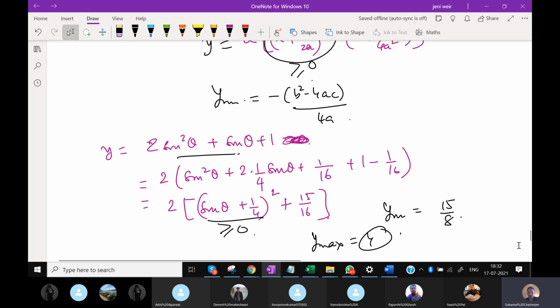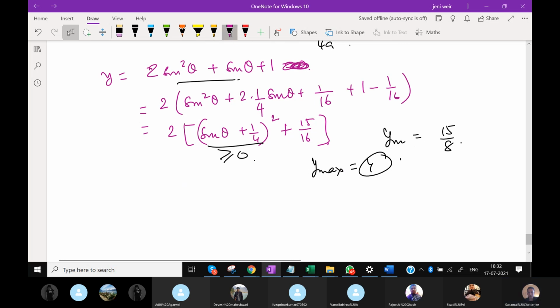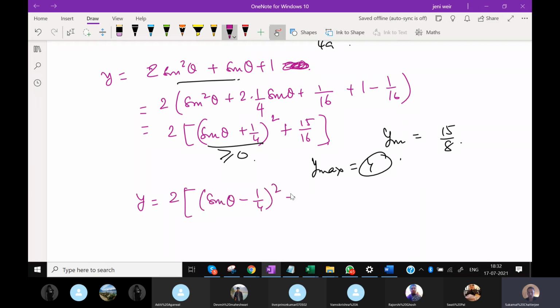Now you have to be careful when you are applying this method. If you get this in the form of 2 into sine theta minus 1 by 4 whole square, let's say, plus 15 by 16. Let's say you got a minus here. Now here y max will happen when sine theta is minus 1, because you have a square here.